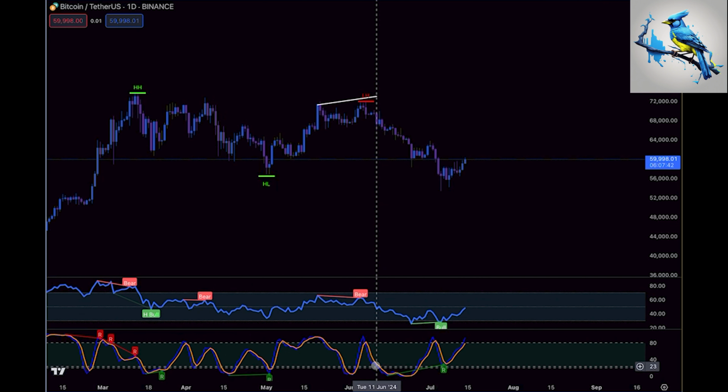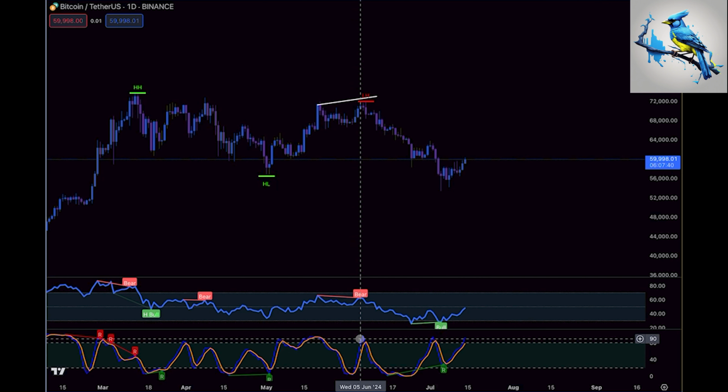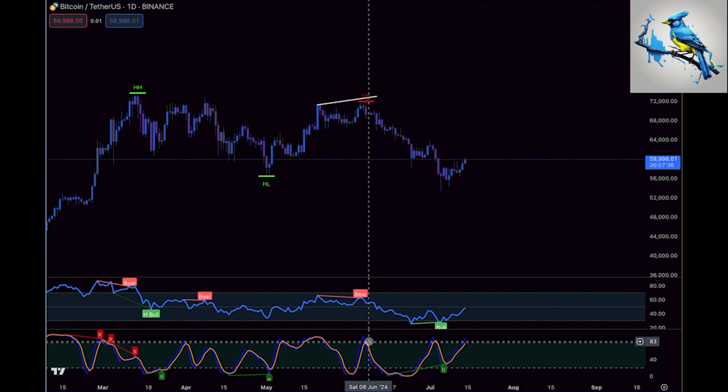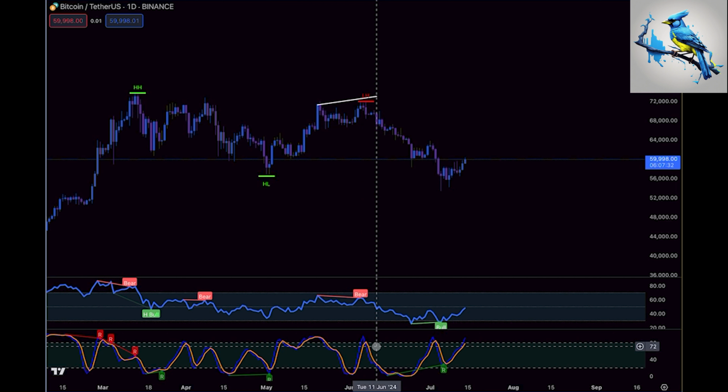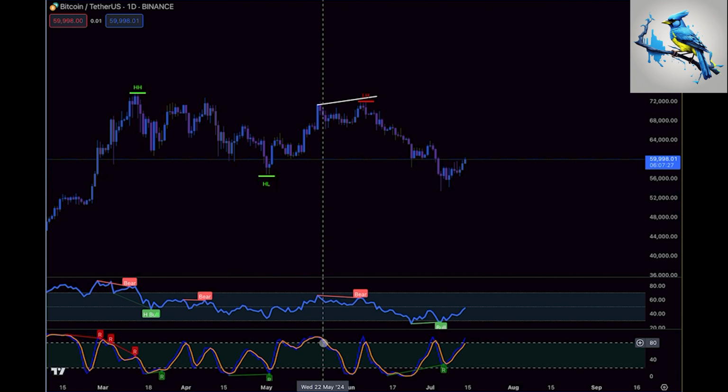And what did we notice here? We noticed that the second the slow line got into overbought territory, you had a sharp spike down of the fast line, and both of them closed below the 80 line. So that told us that this bearish divergence is going to play out.